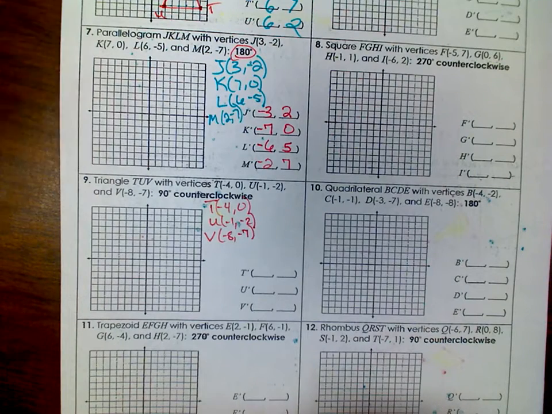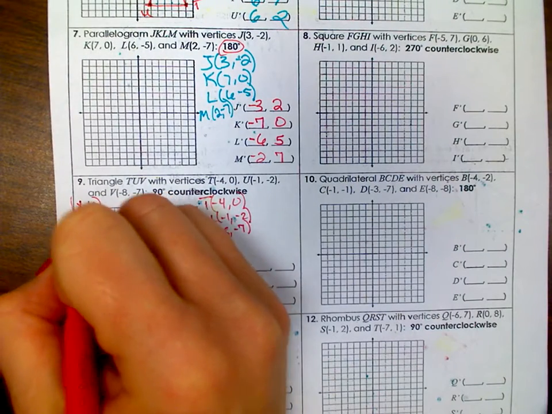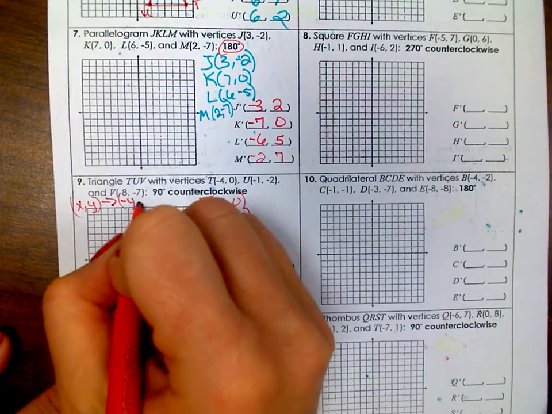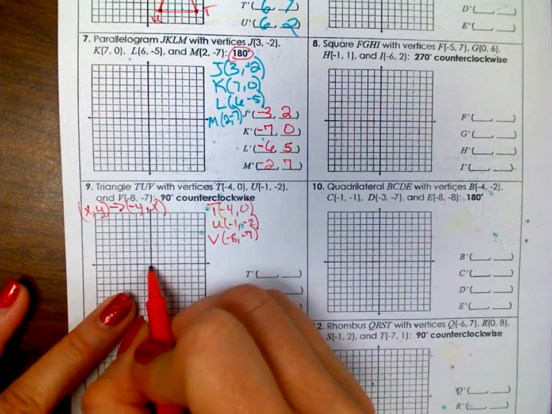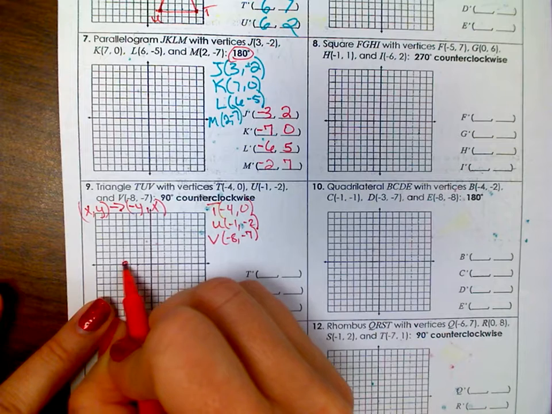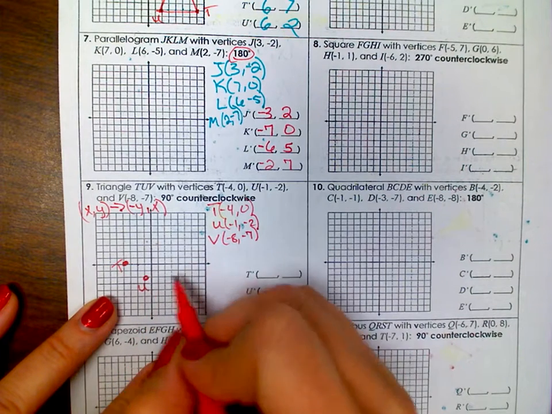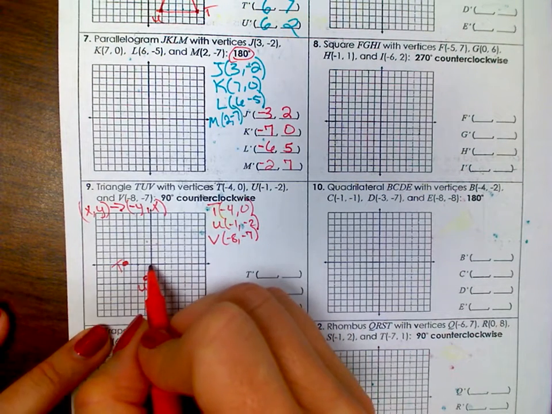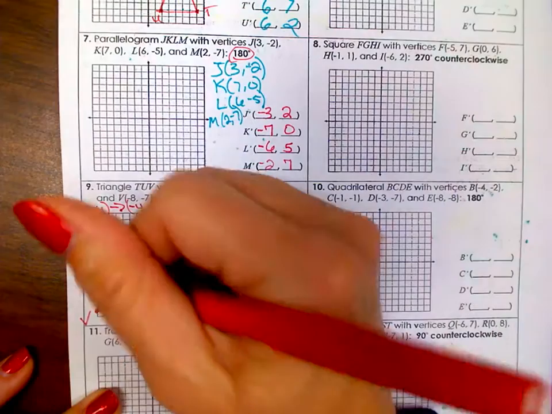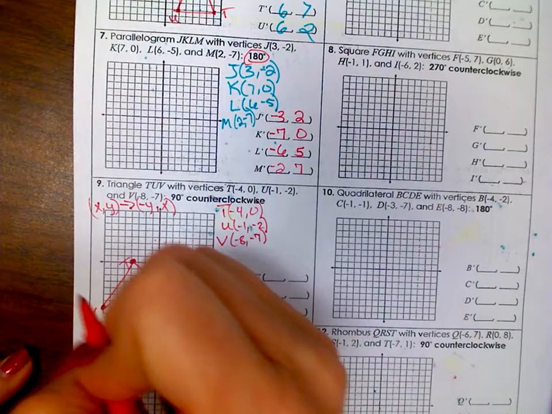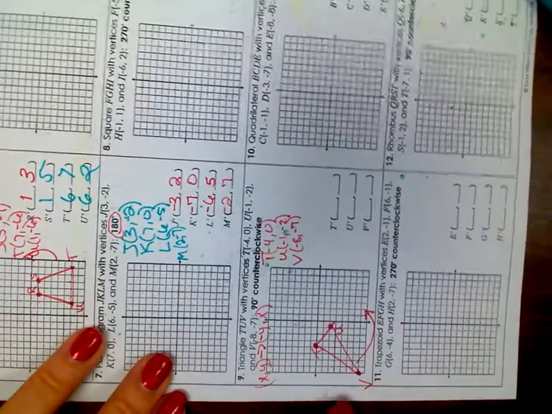And if you remember your rule, 90 degrees counterclockwise, X, Y is going to go to negative Y, X. Okay, so your original image is going to be negative 4, 0, T. Negative 1, negative 2, U. V is going to be negative 8, negative 7, and that's V. Counterclockwise, 90 degrees, it's going to go here. That's the way it should look when you finish.